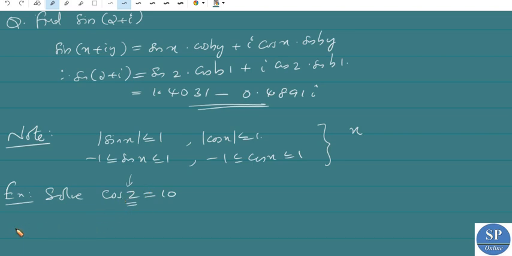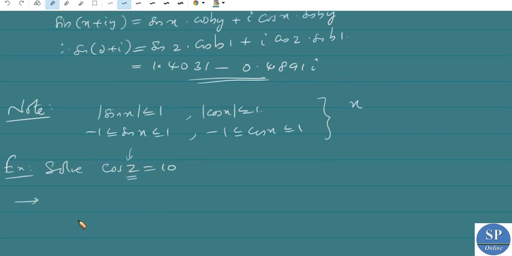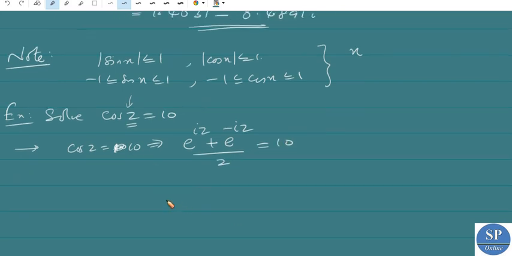We have cos z is equal to 10 implies cos z is e power iz plus e power minus iz divided by 2 equal to 10. So this can be written as e power iz plus e power minus iz is equal to 20.